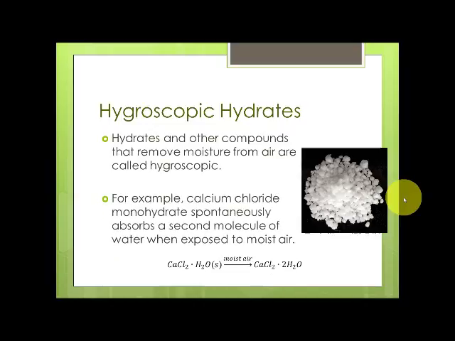Okay, so for example, calcium chloride is very hygroscopic, where it will absorb molecules of water when it's exposed to moist air. And tomorrow we're going to talk about a desiccant, and part of it is calcium carbonate sometimes. Or another version would be sodium hydroxide.